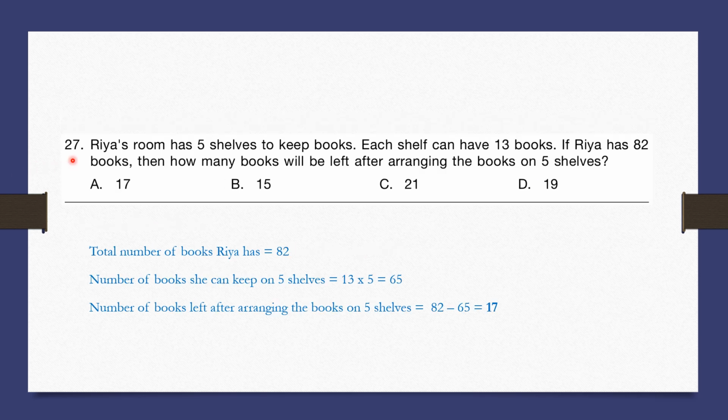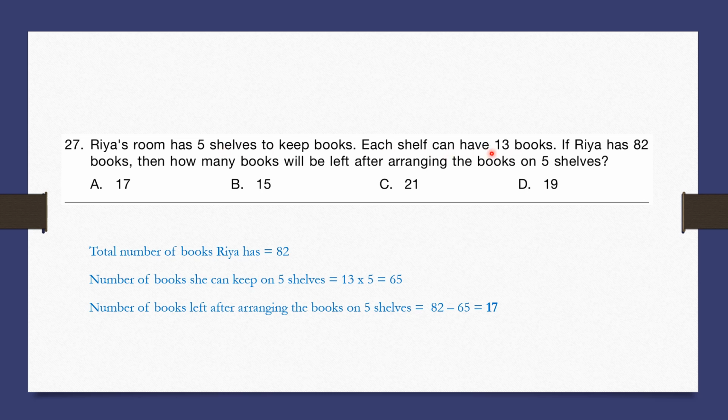Question number 27. Ria's room has 5 shelves to keep books. Each shelf can have 13 books. If Ria has 82 books, then how many books will be left after arranging the books on 5 shelves? So how many books can we arrange on the shelves? We have 5 shelves and each shelf can hold 13 books.